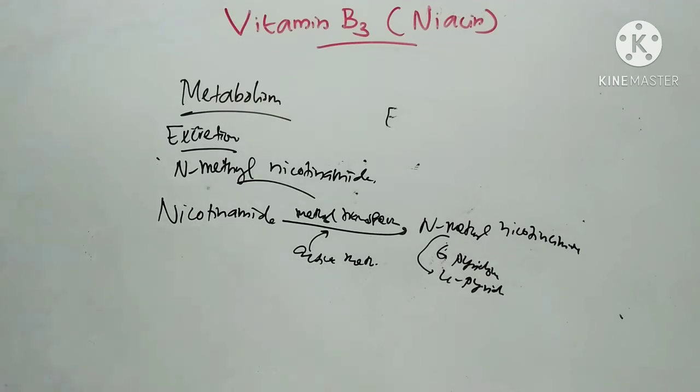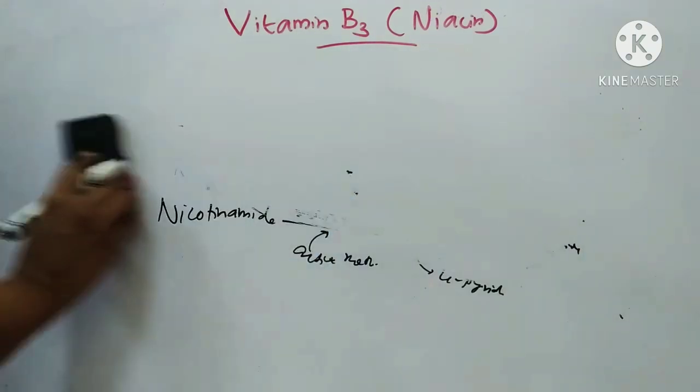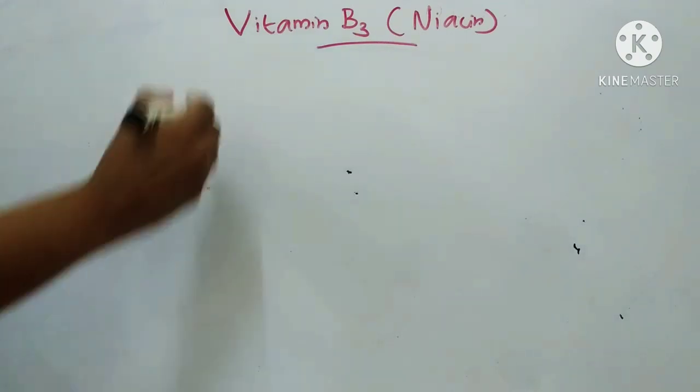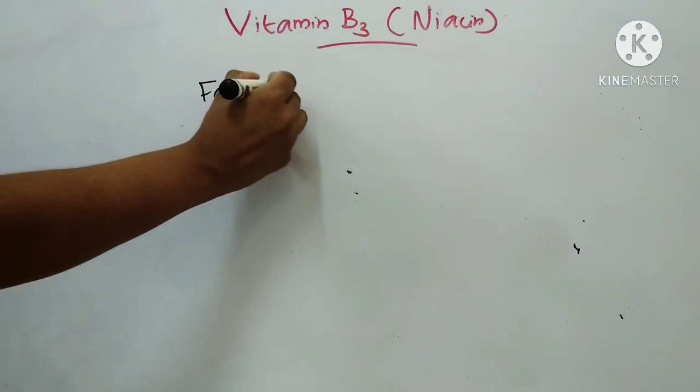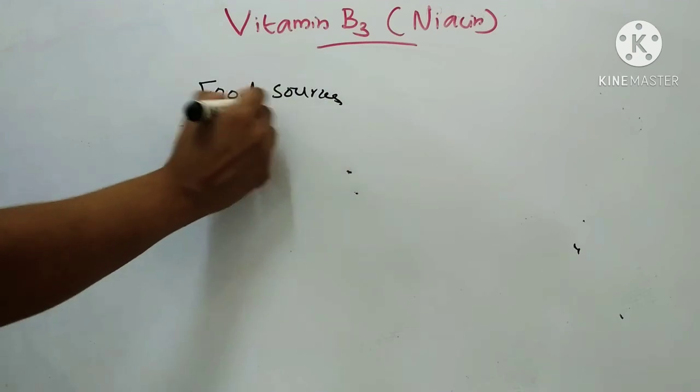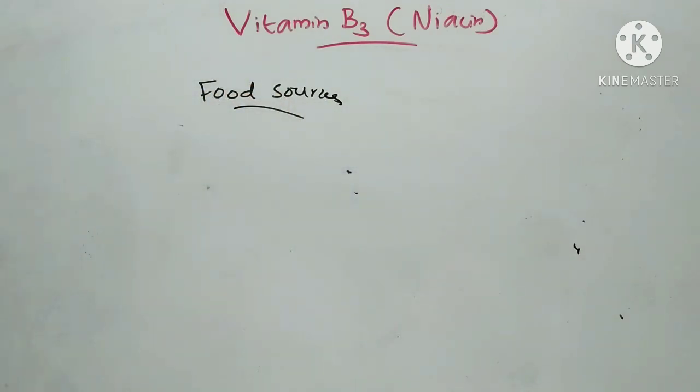Next we will see the food sources. Both nicotinamide and coenzyme forms are distributed widely in plants and animals. Important food sources are: animal sources include liver, kidney, meat and fish.